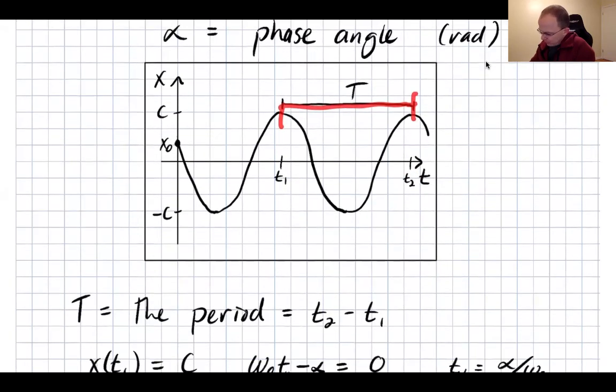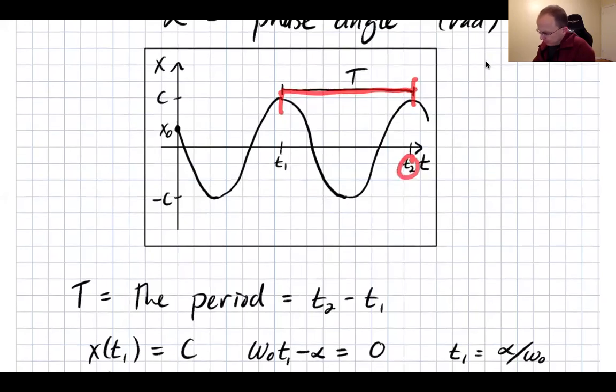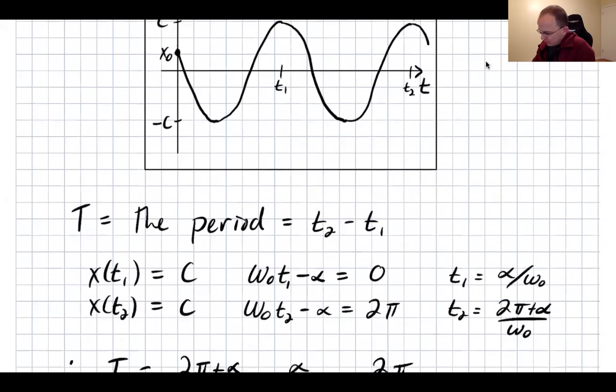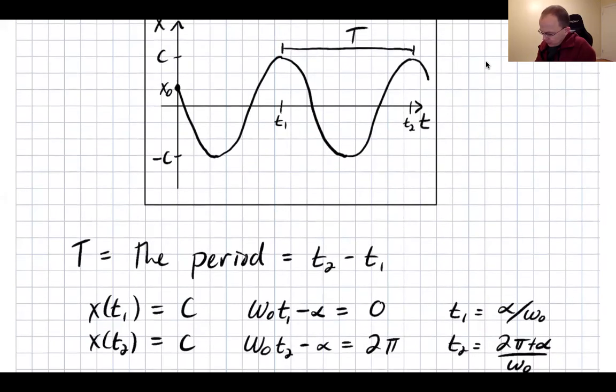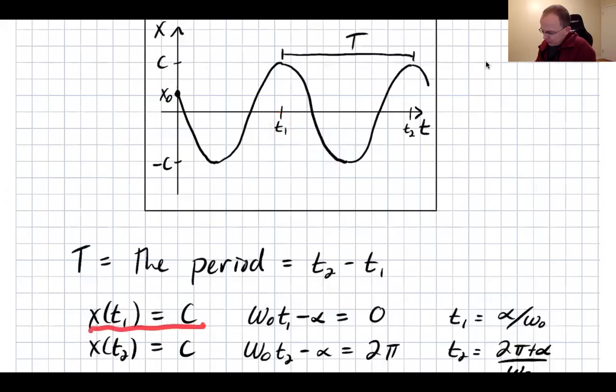So the period is going to be T2 minus T1. And we know that at time T1, the displacement is C, and at time T2, the displacement is C. And in between, there are no other times when x of t is equal to C. So this T1 is the first time it happens, and that will be when the term that we're taking the cosine of is equal to 0.